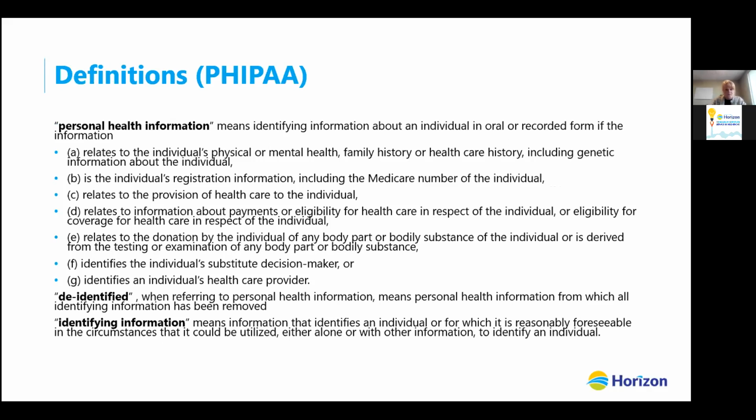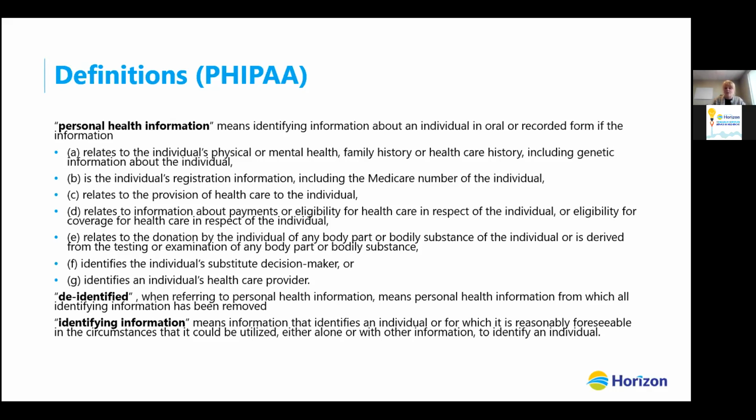Personal health information, and I'm not going to read it all, is basically identifying information about an individual in oral or recorded form, and the information relates to a person's physical or mental health, family history, or registration number, meaning their Medicare number.